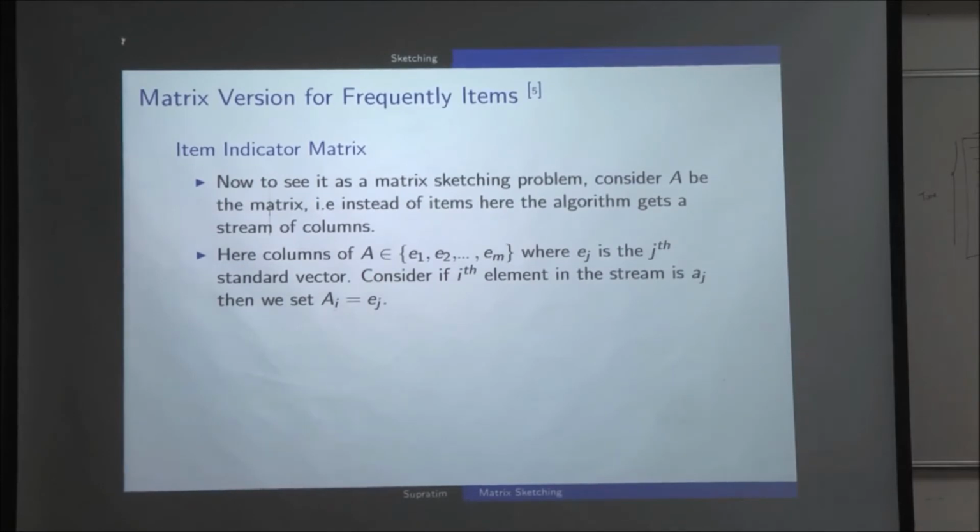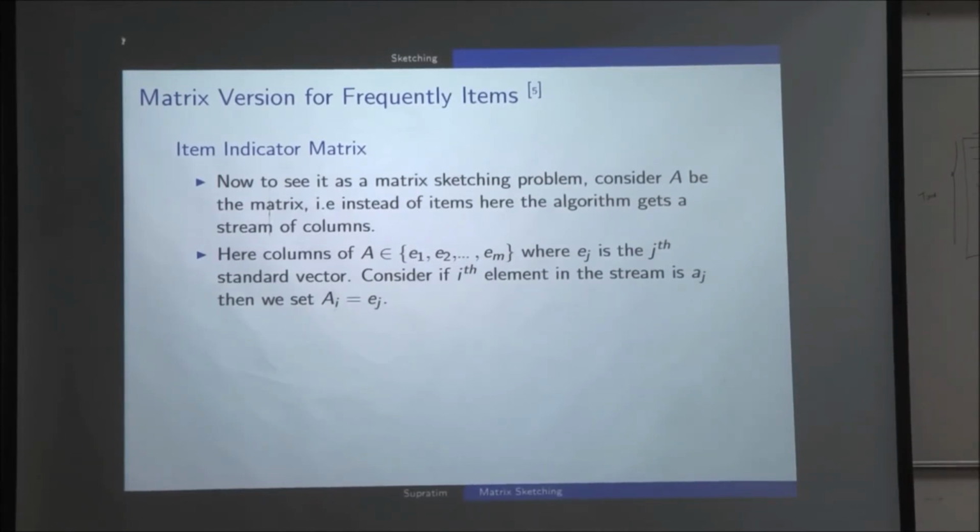So if we get Aj as the ith item in the stream, then our actual matrix A will have Ej, the standard vector, as its ith column. The standard vector represents which item has come in our stream.